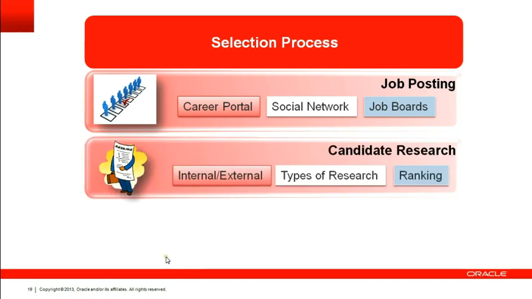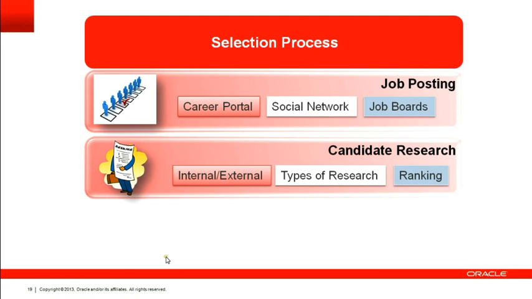After that, we want to search for candidates, internal and external candidates, so employees and non-employees. We want to leverage referrals, for example, and use different types of research in order to optimize the research step, and use the ranking based on the questions that we have seen before.